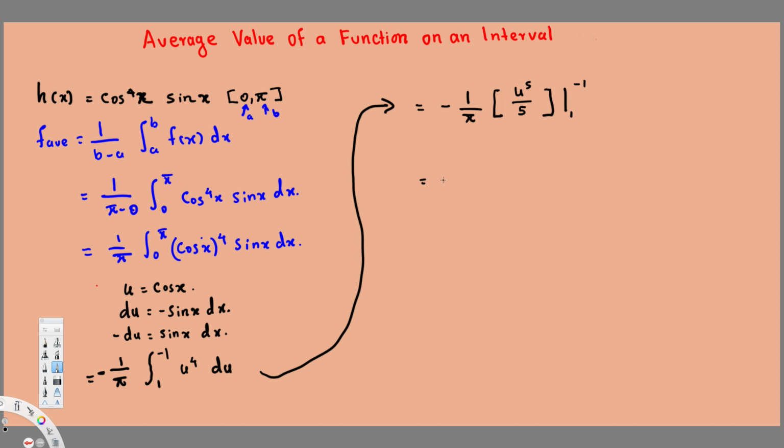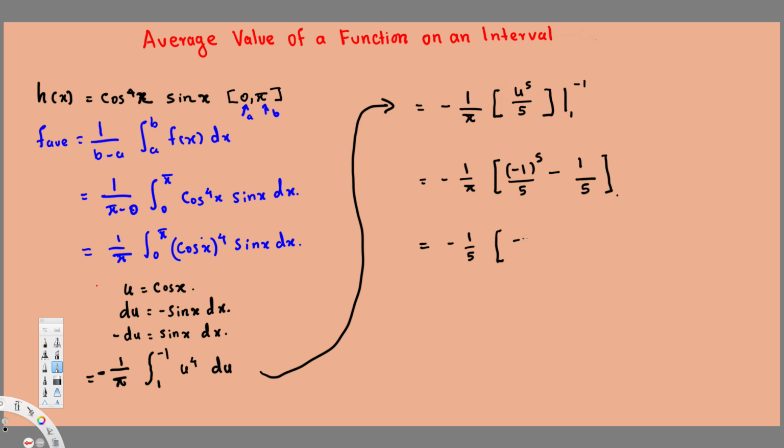So this is going to be minus 1 over 5, and instead of u, I plug in the negative 1 first. So negative 1 to the power 5 over 5 minus 1 to the power 5 over 5, that's going to be just 1 over 5. And that's going to give us negative 1 over 5, and since this one has an odd power, it remains negative.